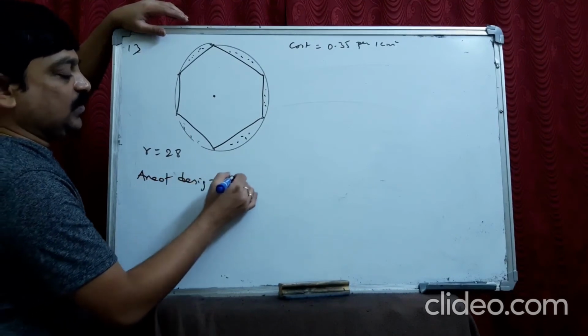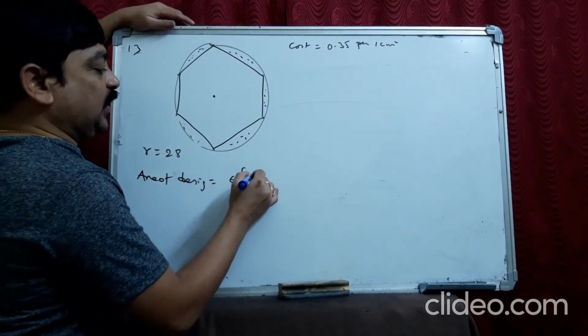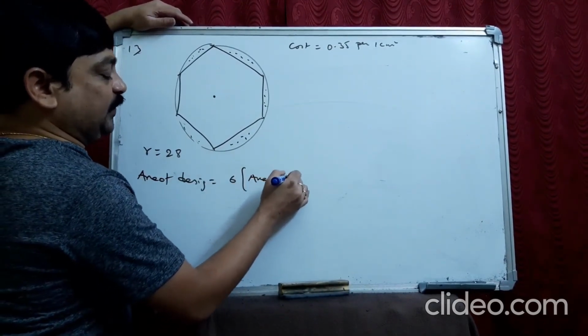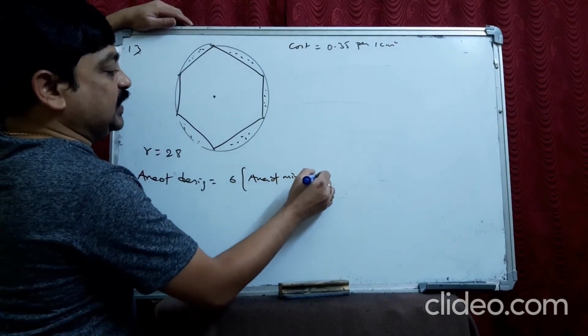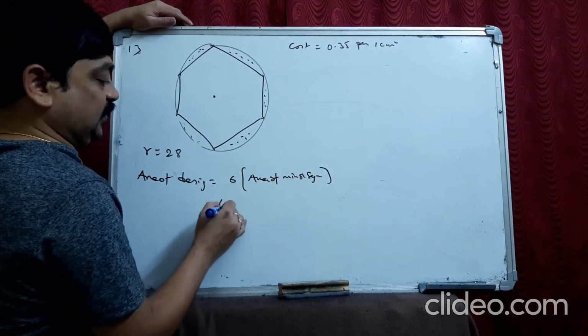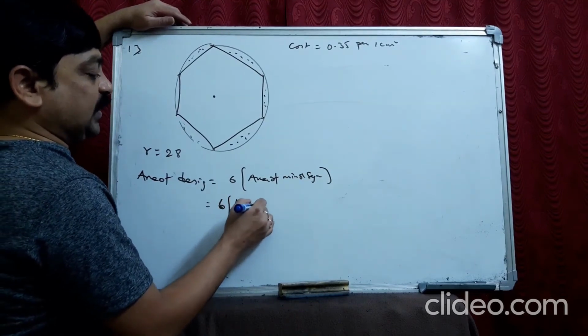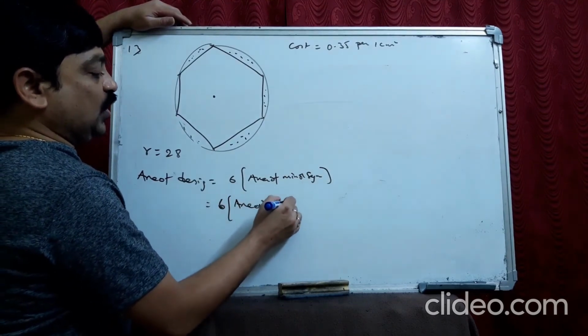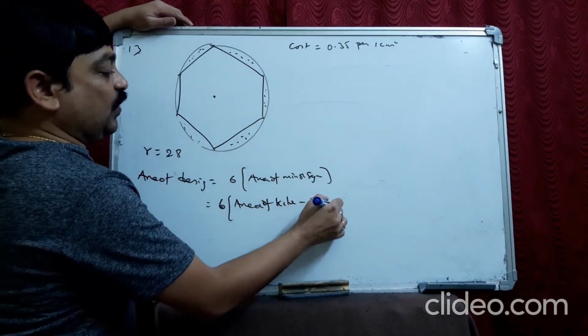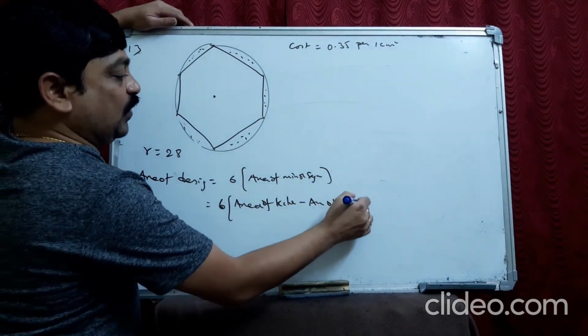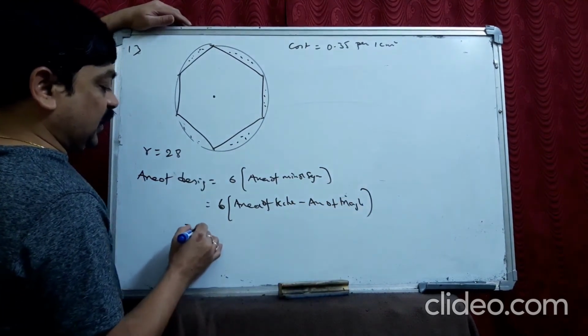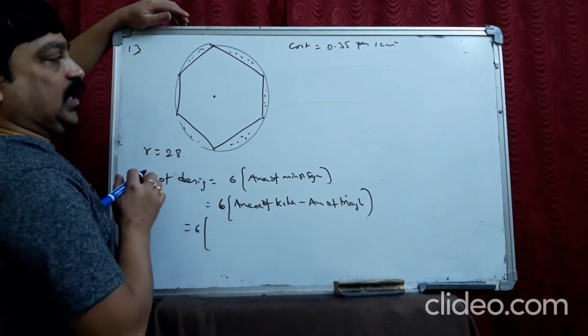Area of design is equal to 6 into area of a minor segment. For this minor segment we need area of a sector minus area of a triangle. For area of a sector, what is theta?